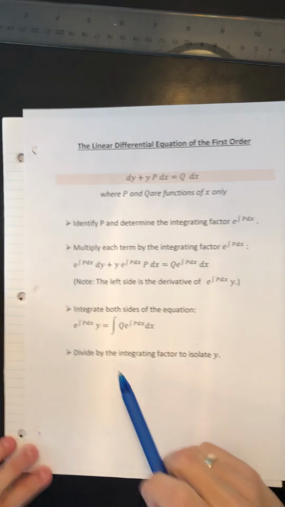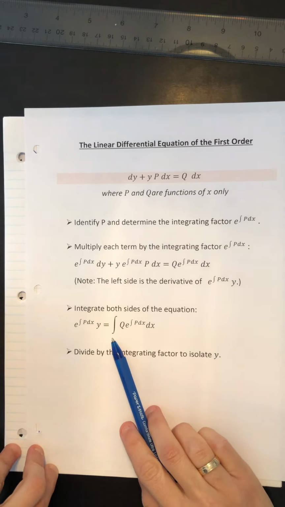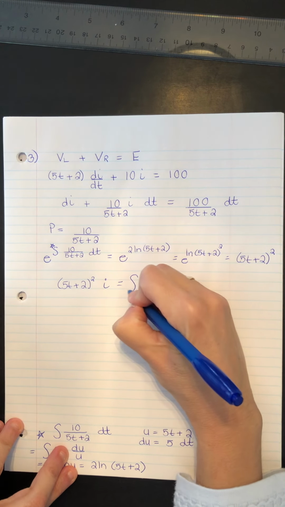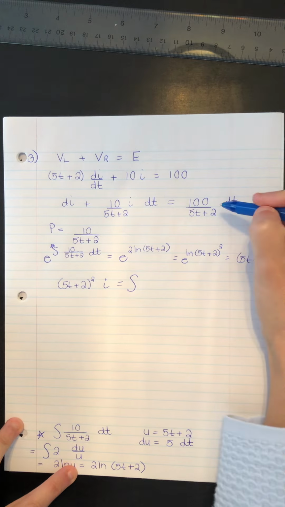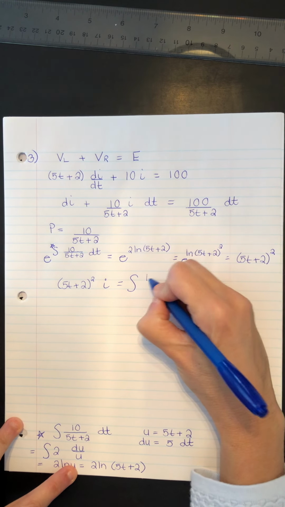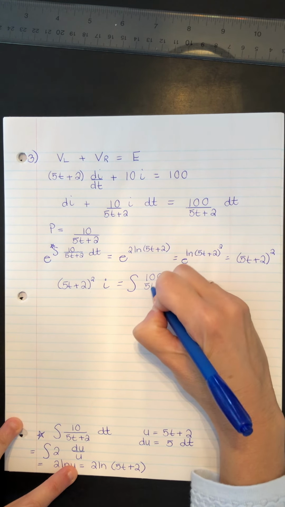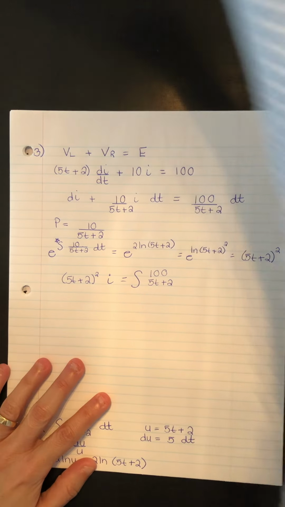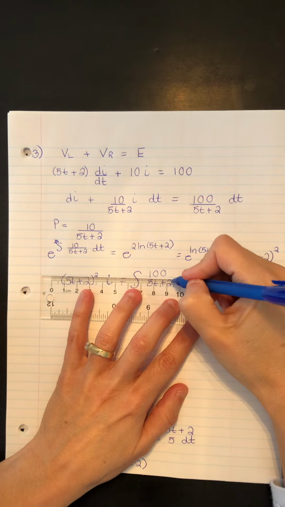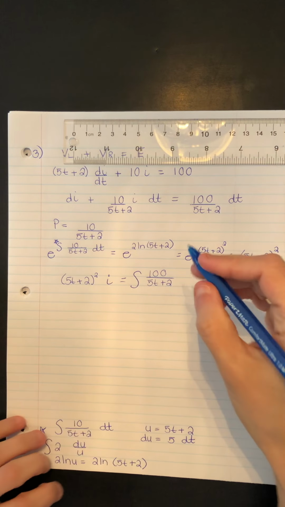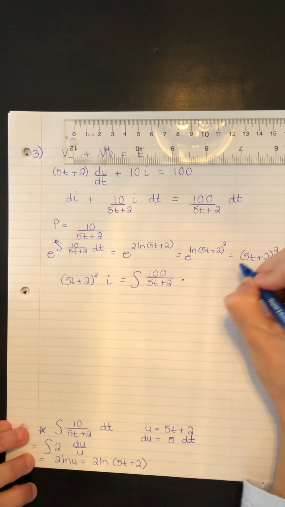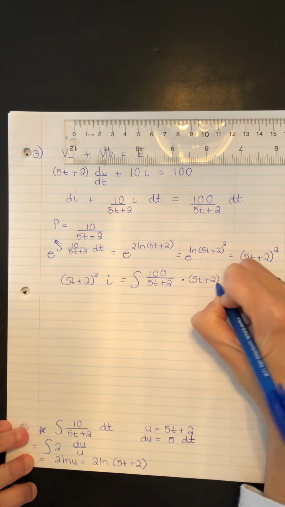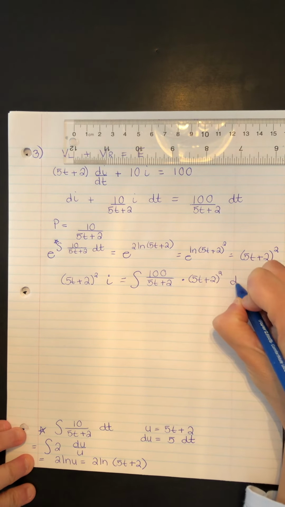Now we're going to do the right side. We're going to start with the integral sign. Then we're going to write q, and remember this is q, 100 over 5t plus 2. Now on that right side, it goes q times the integrating factor, and then dt.